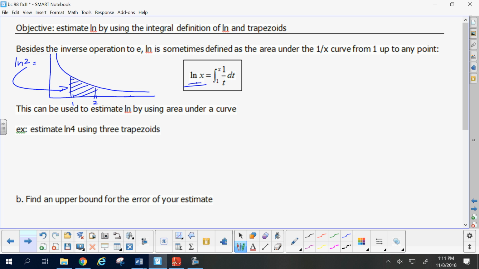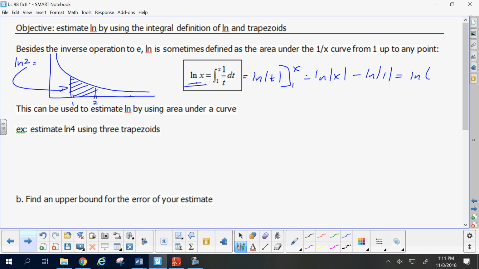Now, we could actually see that coming. If you take the fundamental theorem, it'd be the natural log of the absolute value of t from 1 to x, which is the natural log of the absolute value of x, minus the natural log of the absolute value of 1. But the log of 1 is 0.